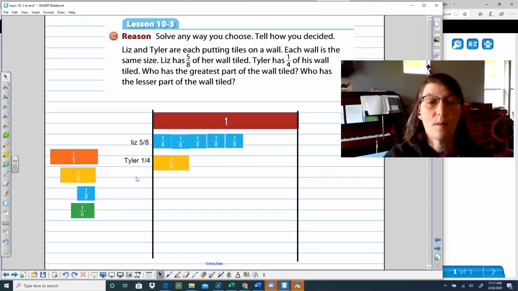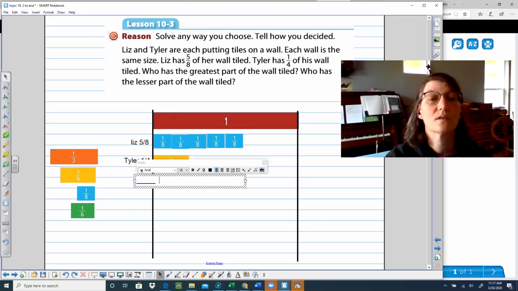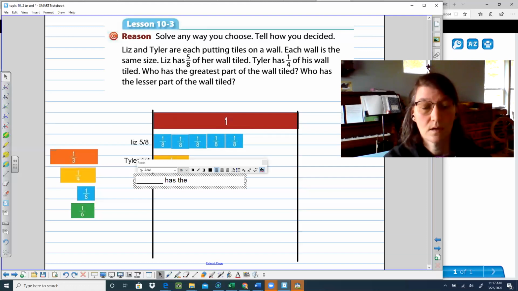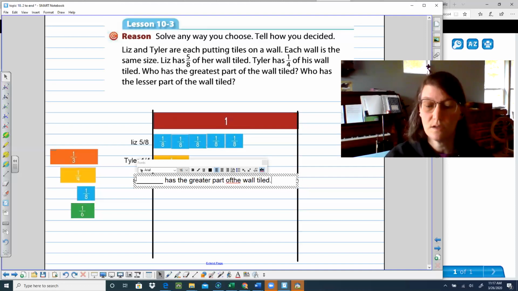So on your paper, I'm going to put some blanks. Has the greater part of the wall tiled. And as you can see, my space bar is still not working quite right.